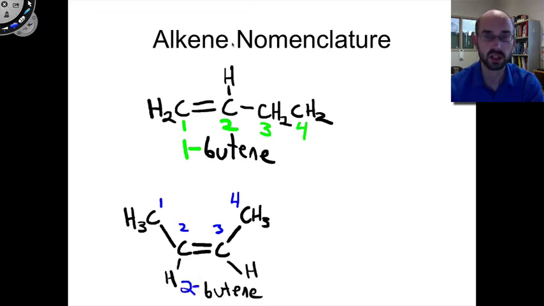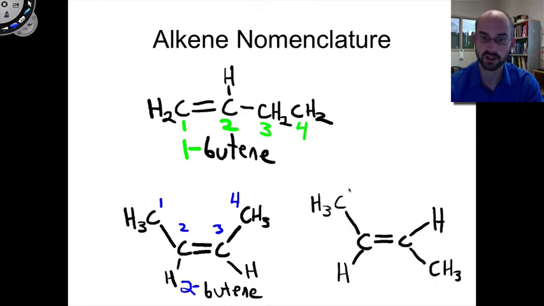Now, you may recall from the last video that 2-butene also has a diastereomer. Let's draw that out. Pause this if you would like and see if you can figure it out first. Here it is. We can number it in the same way, and we would name it the same thing, 2-butene. Since pi bonds don't rotate, these two molecules are diastereomers.